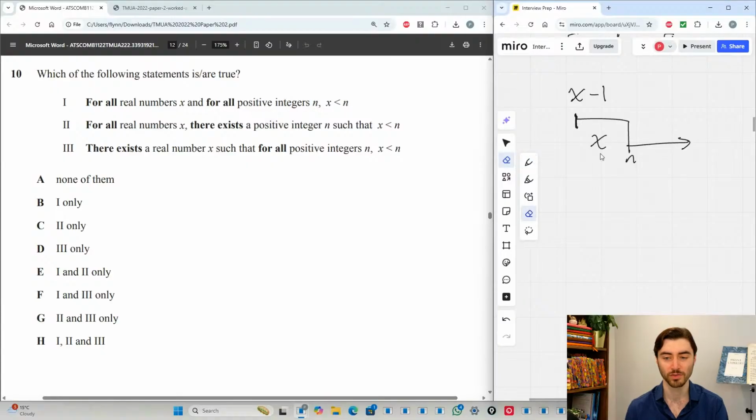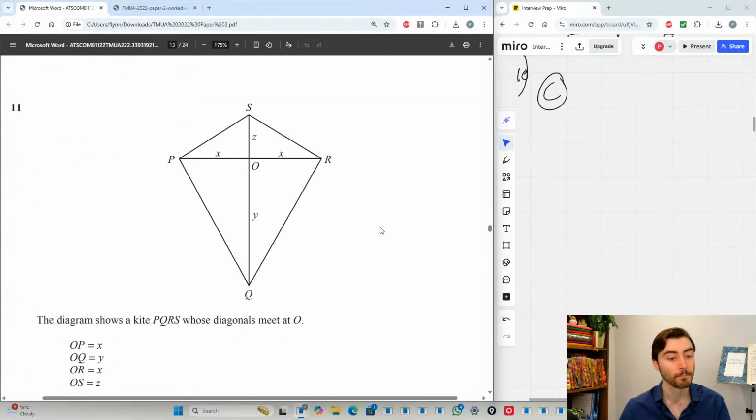It's just proof by contradiction. It's just not true. So the answer to this one, to my mind, is very obviously 2 only, which is C. May not have explained that the best, but I definitely think that's the case.